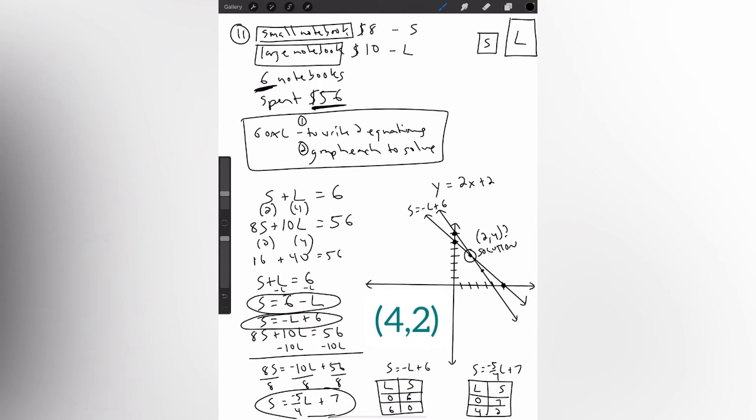And the way I checked it was just substituting into the original equation of what I started with to see if that would work. So we used a graph in order to solve to see how many notebooks were actually bought based off of the information they gave us, right? Now, all this work, you might think, oh, there has to be an easier way, and there is, and it's using your graphing calculator.